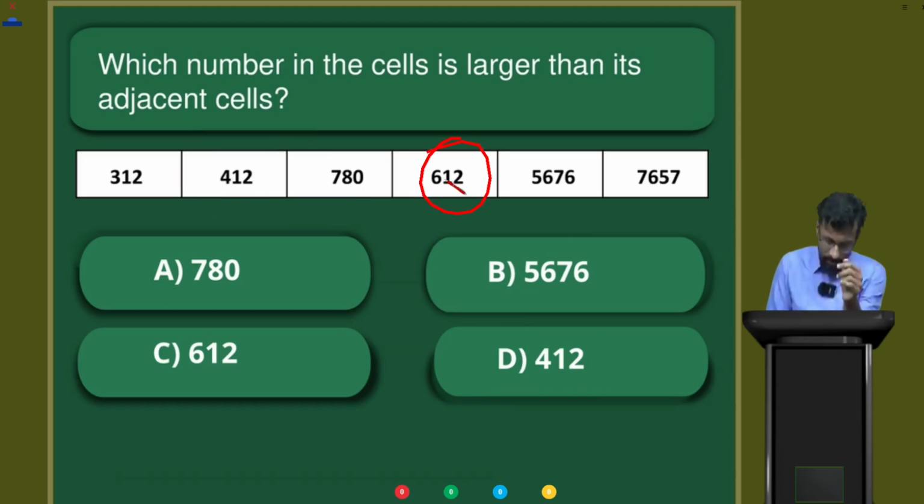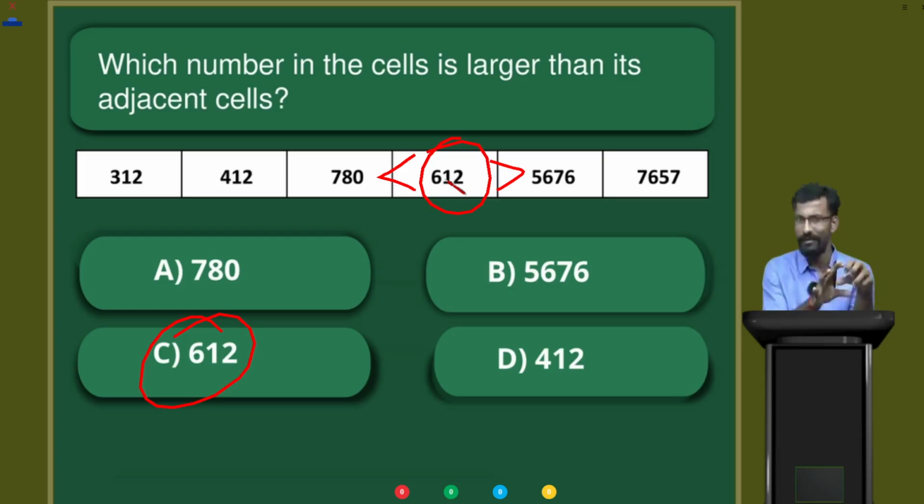Now look at 612. 780 is less than 612? Suppose we are taking approximately 700 and 600 rupees. Suppose I am giving you the hint in the case of rupees: 700 or approximately 800 rupees, and 612 means 600 rupees.